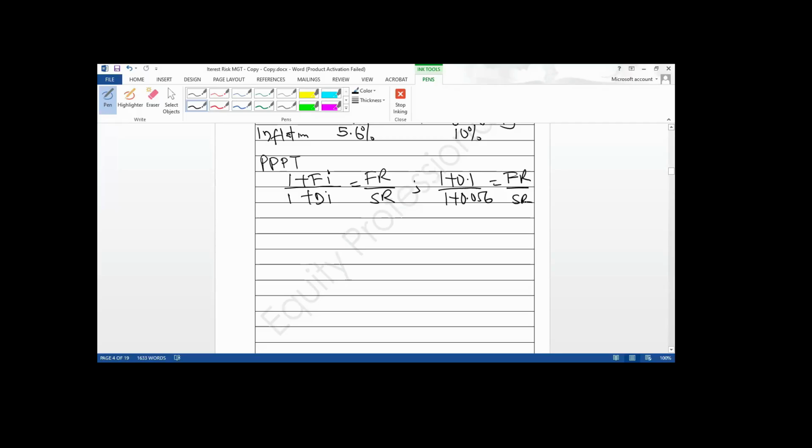That is 1.1 over 1.056 is equal to Fr over Xr.